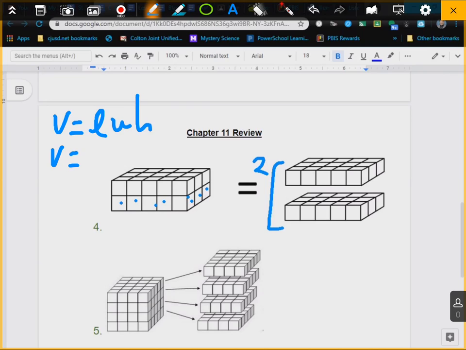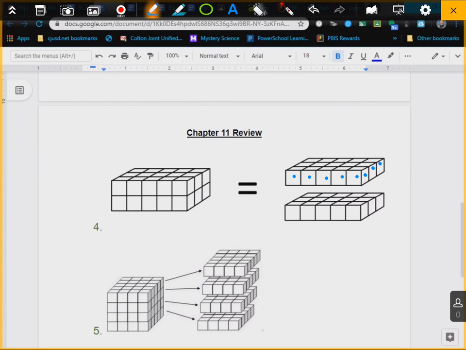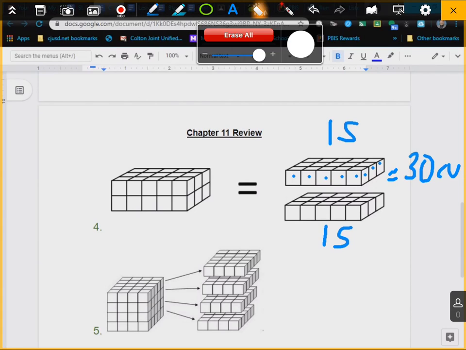Volume equals 5 times 2 times 3. And we know 2 times 3 is 6, so 5 times 6 equals 30. And if you wanted to, you could even just count one of these layers and multiply it by 2. You could say, 1, 2, 3, 1, 2, 3, 4, 5. I know 5 times 3 is 15, so there's 15 here, 15 here. 15 plus 15, or 15 times 2, equals 30 cubic units.